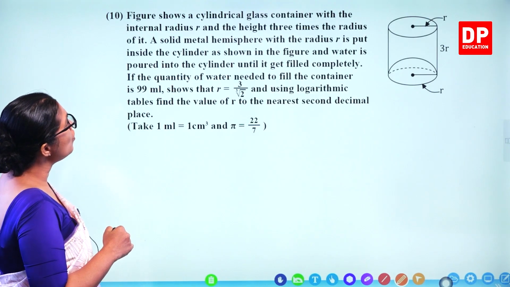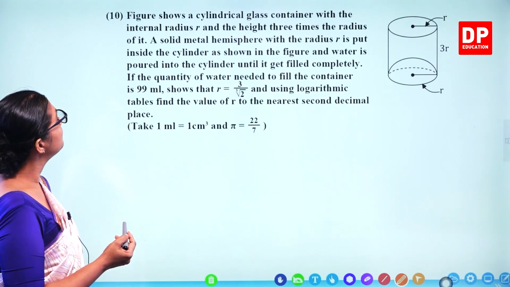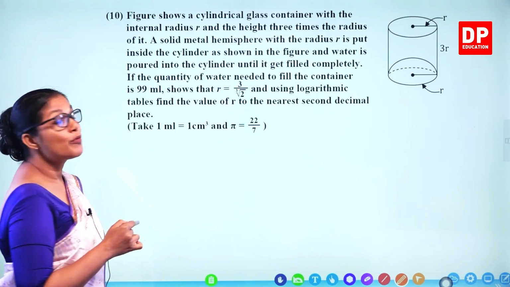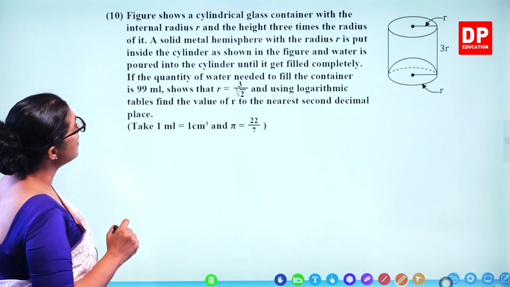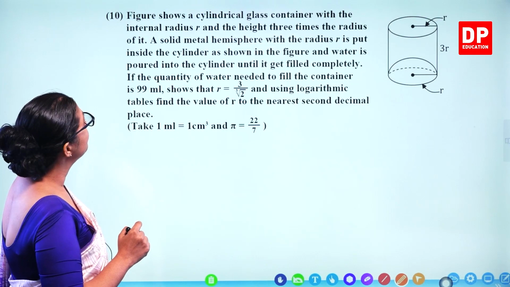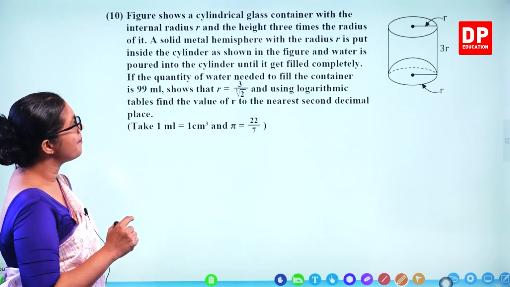You need to prove using volume that R equals 3 over cube root of 2. Let's do it. The figure shows a cylindrical glass container with internal radius R and height 3 times the radius, that's 3R.